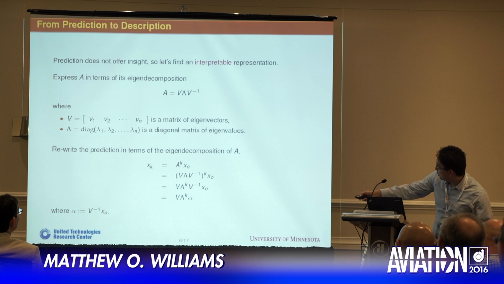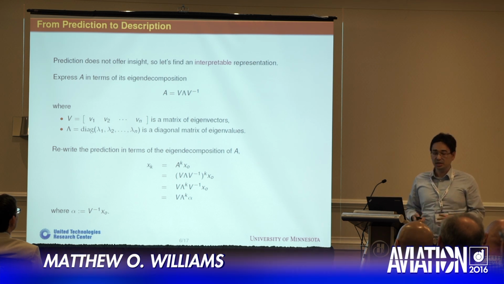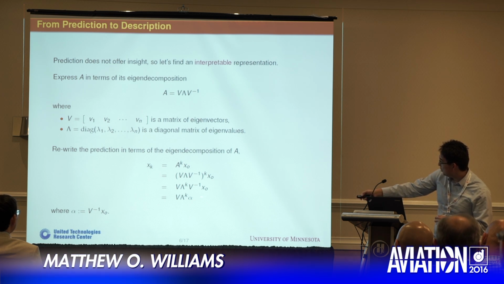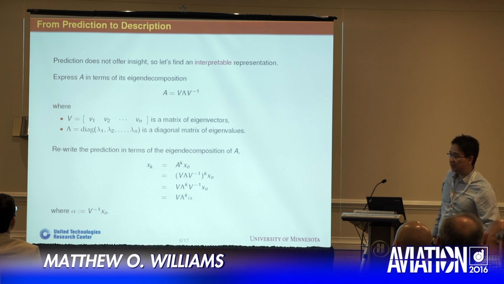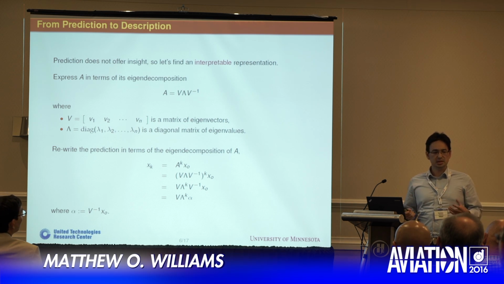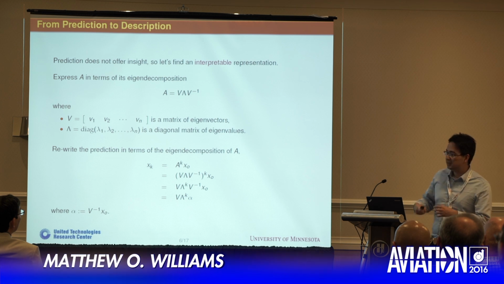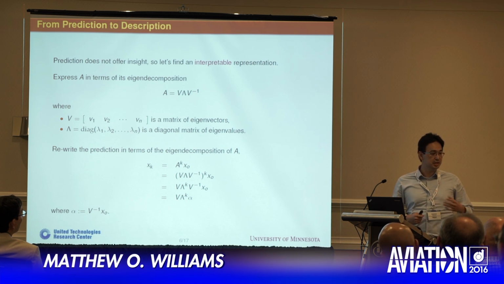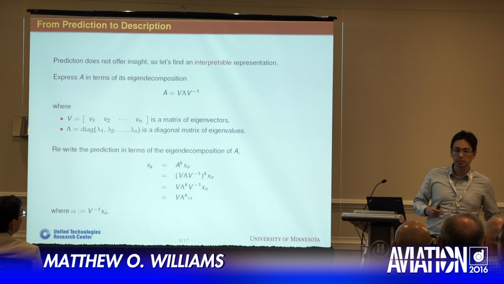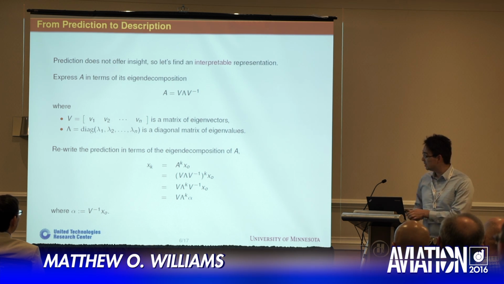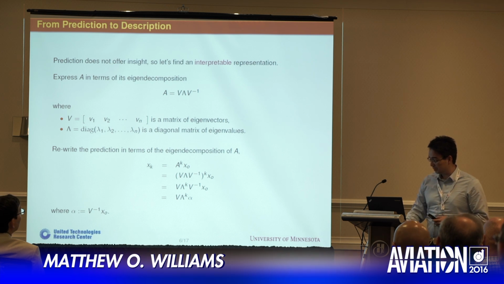And these three terms tell us how much each eigenvector contributes. This alpha term, which we define as V inverse x naught, is how much each contributes at time 0. And lambda to the k tells us how that contribution changes in time. Which modes become less important, which become more important, and which just oscillate. And this is pretty much linear algebra.